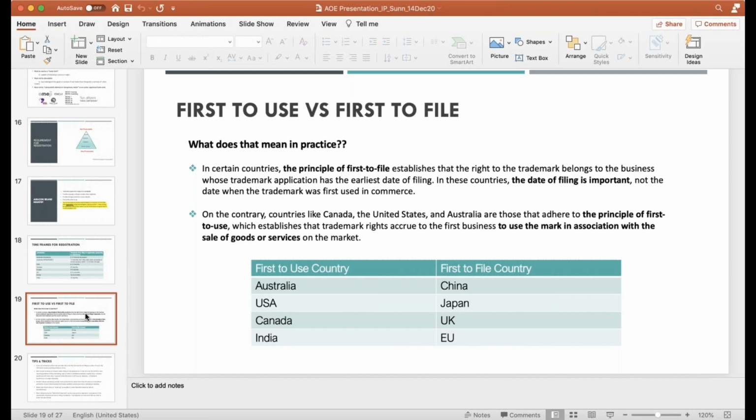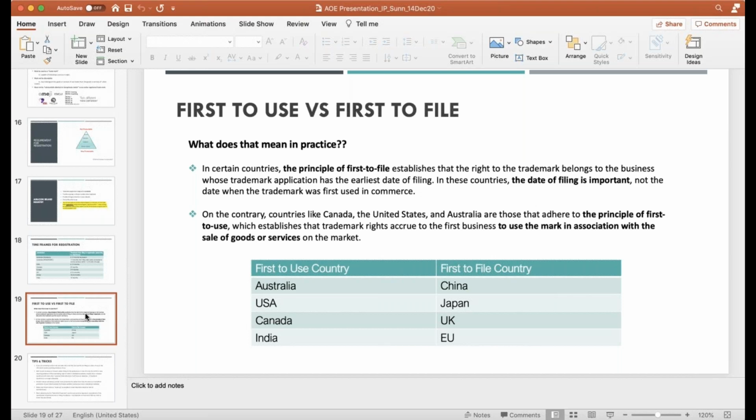I'm going to go and register that trademark in China, because it looks like I could use that as a bit of leverage over you, or I could go and try and copycat," and they will be able to do so. And similar countries to first to file are Japan, UK, and Europe.